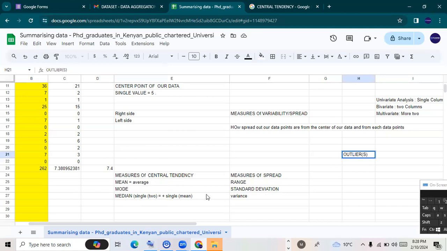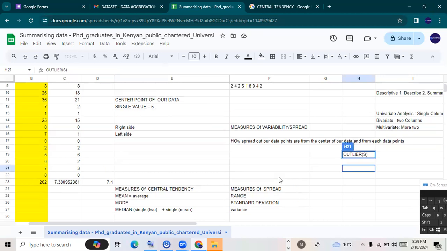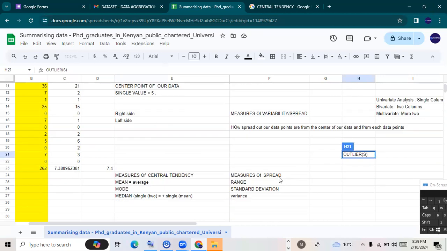Now, after I have identified the why and what behind using any of these to find your middle number or your single value at the center, then you can look at what is happening at the right or the left side of your data.